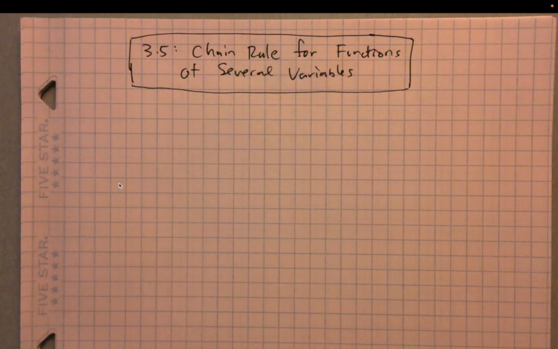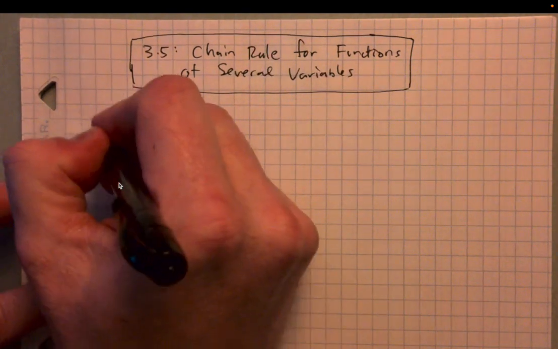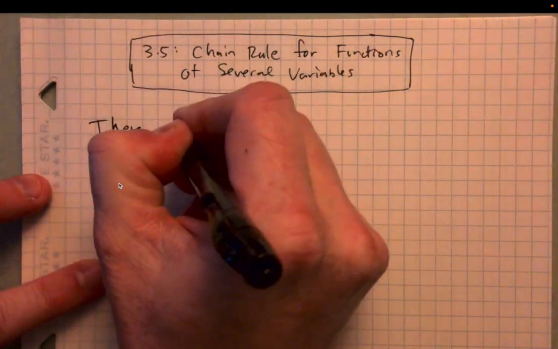Okay, so in our previous session, we talked about differentials, which you will recall. That's going to provide the basis for our extension of the chain rule to functions of more than one independent variable. Now in this pursuit there's going to be two cases that we need to consider.